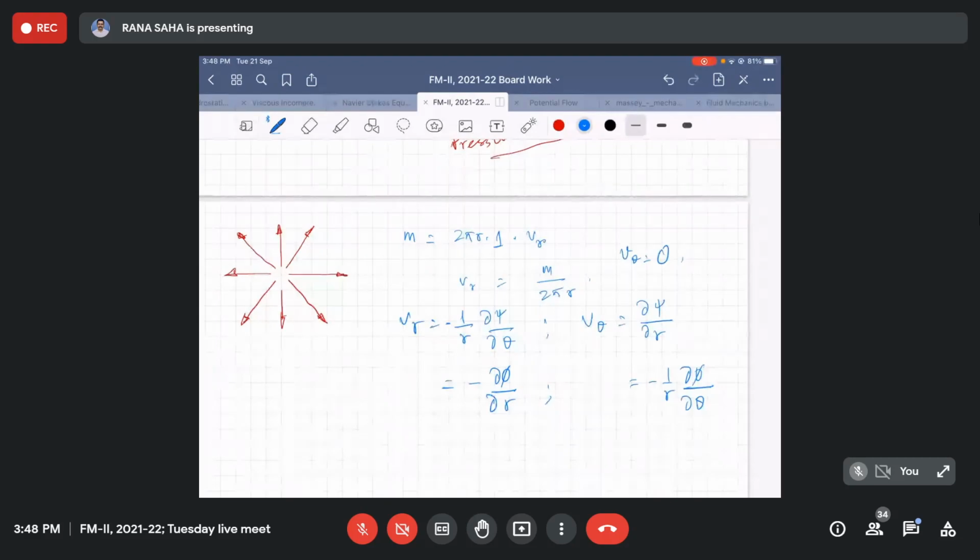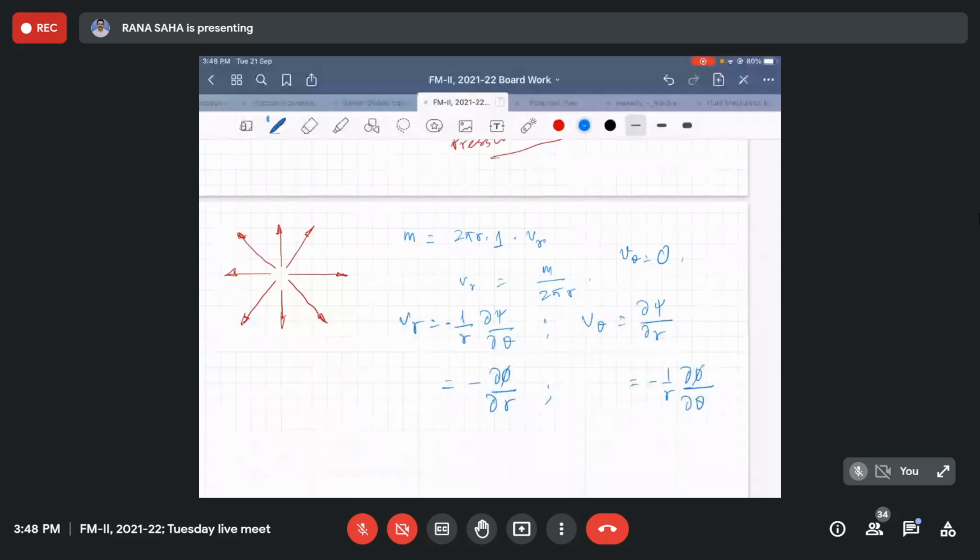It is easy to remember: for the radial component in terms of psi, the partial differential will be del psi del theta, and it is just the reverse for the expression in terms of velocity potential.